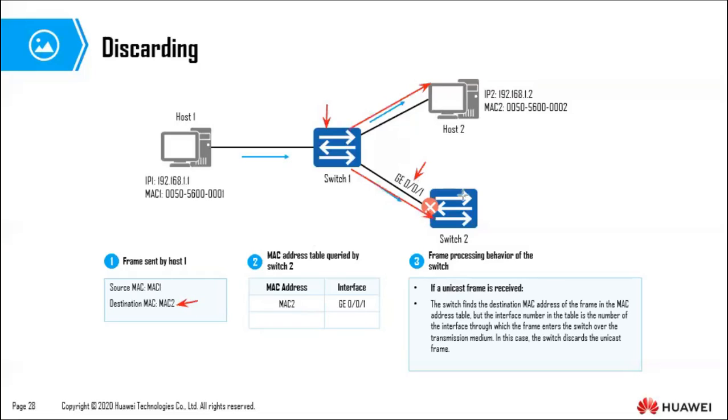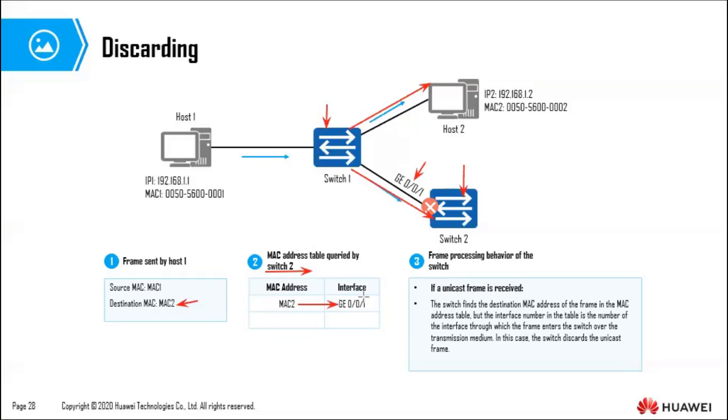Are we together? So what happens is this. Switch 2 then checks its own MAC address table. That is what is happening here. It is switch 2's table. It's not switch 1. I had confused. So this is switch 2's table. So it checks, and then it finds the MAC address of 2, right? But now it finds out that the interface through which I'm supposed to forward this packet is G001.